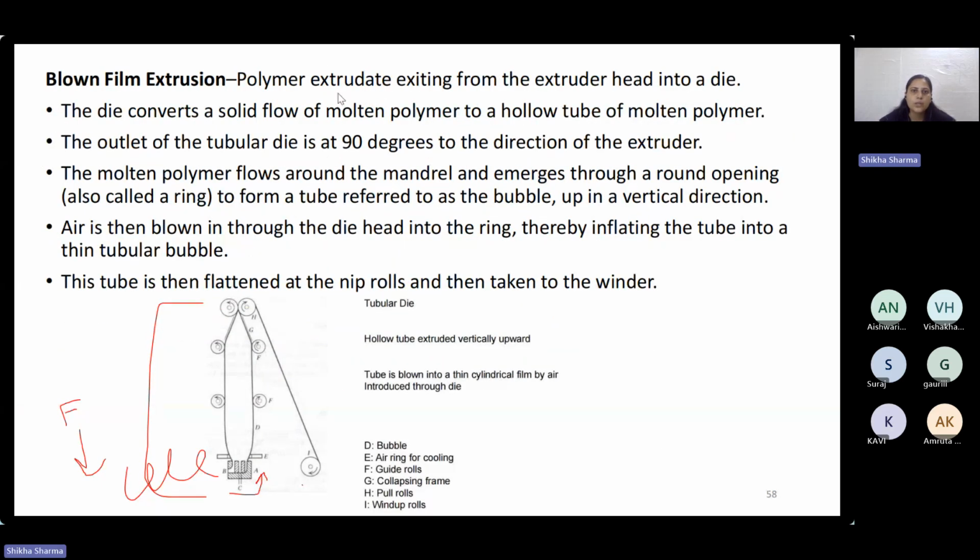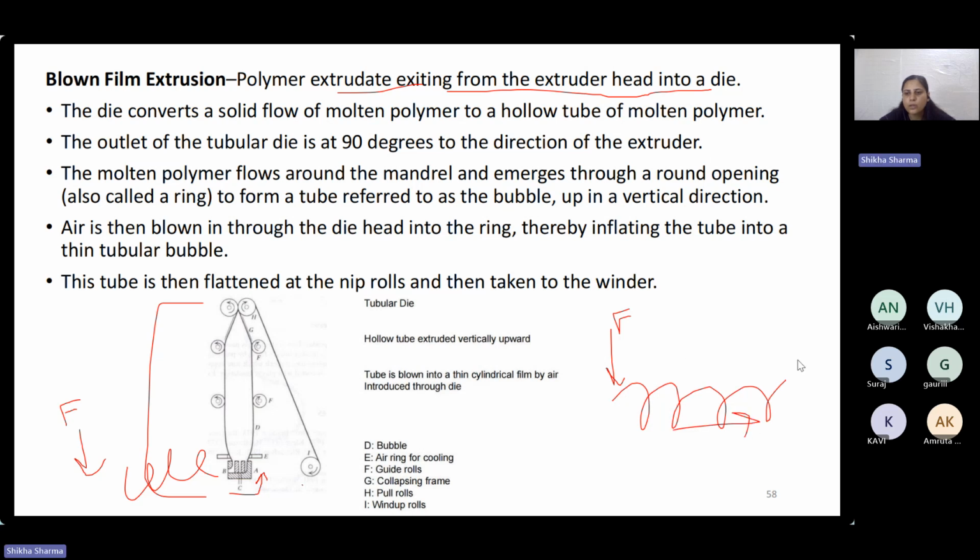Polymer extrudates exit from the extruder head into the die. So feed goes into the extrusion unit from the hopper.